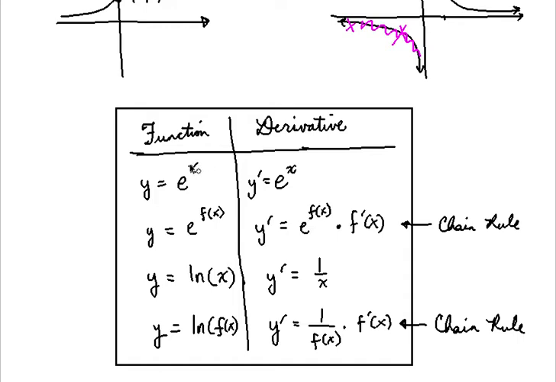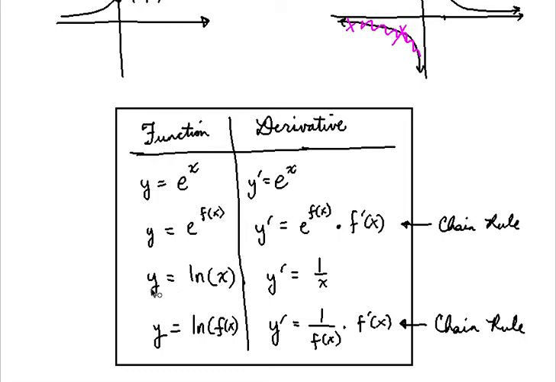So, for instance, if this was x squared plus 2, then we would say that's a function. And so if I take the derivative of that, I end up with e to the f of x. I keep the same expression here, and I multiply it by the derivative of my function. So this is an example where the chain rule has been applied to y equals e to the f of x.